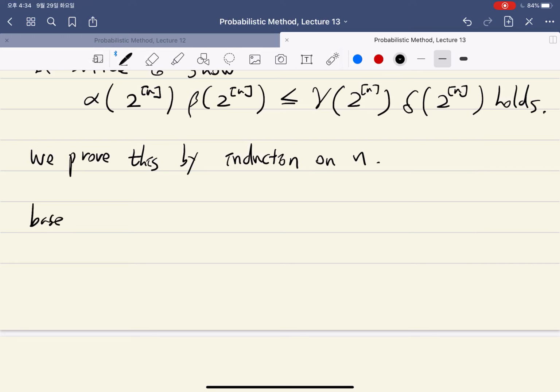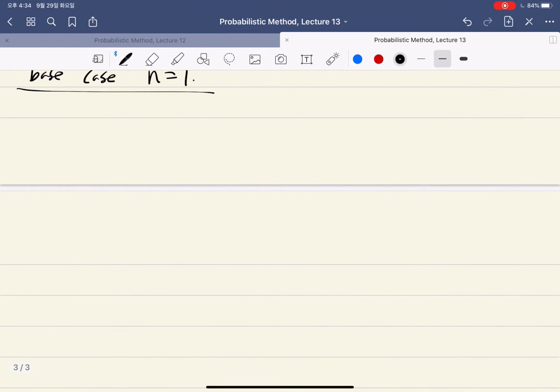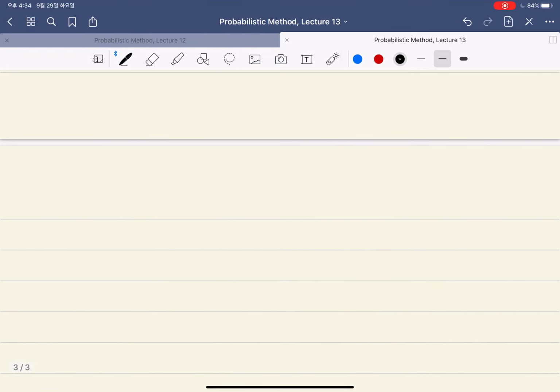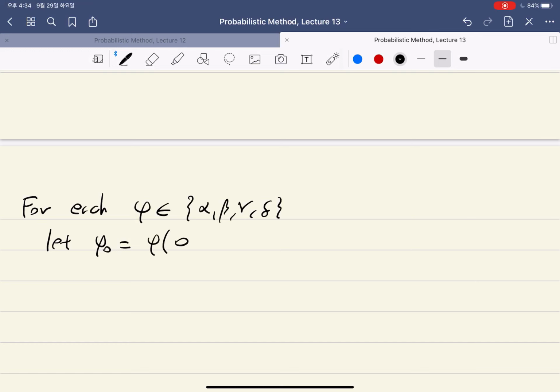The base case is when n is 1. Now for each pi inside of these 4 functions, let's just write pi 0 as pi of empty set, and pi 1 is pi of bracket 1.